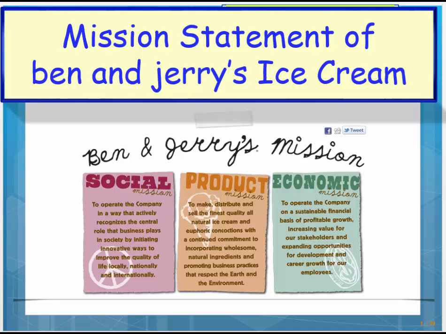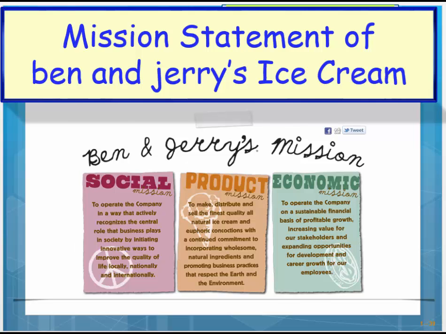They want to produce their product in a respectable way, because they want to have this continued commitment to wholesomeness. And economically, they want to have a sustainable future and be profitable, but they want to increase value for all the stakeholders, expanding opportunities for the employees as well as the executives.